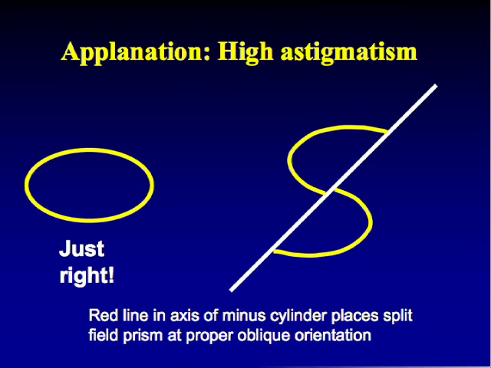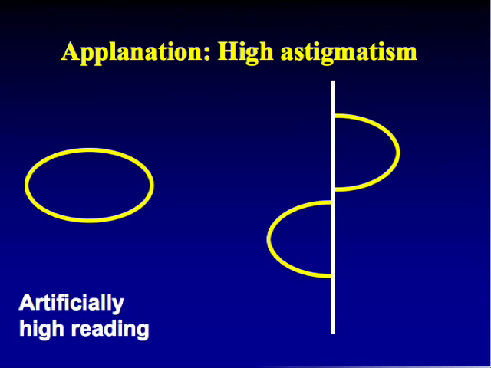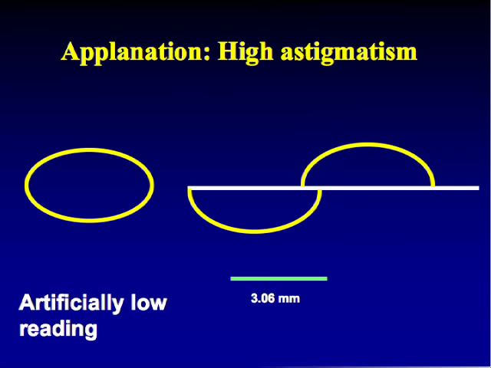So the red line, if you put the red line in the axis of minus cylinder, that places the split field prism at the proper oblique orientation for measuring astigmatism. Now, in my practice, I usually don't bother to do that. I just measure this way, and I remeasure this way, and I take the average of the two.